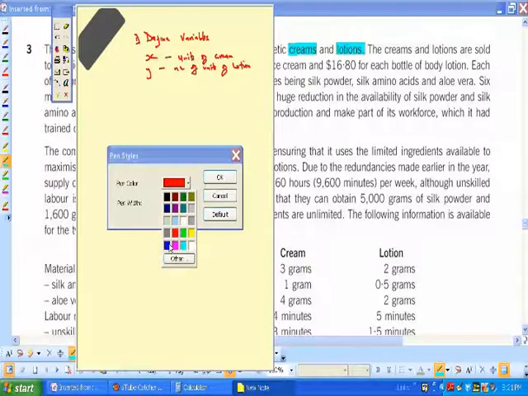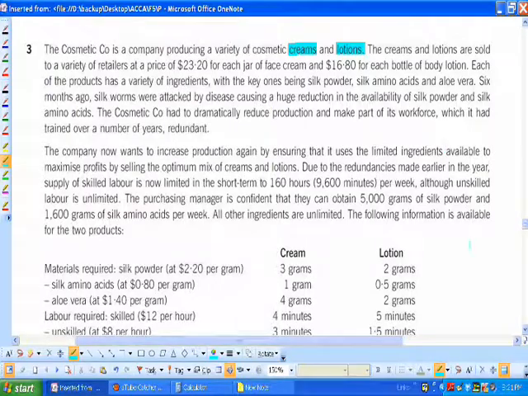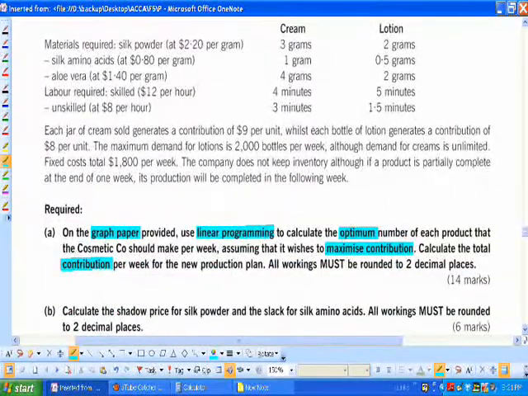Then 2, we are going to establish our objective. If we go back to the question, from the requirements, if you recall, our objective is to maximize contribution. So let me just highlight this.